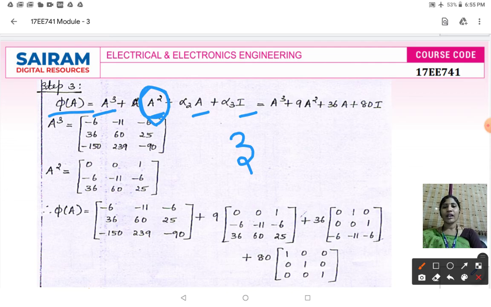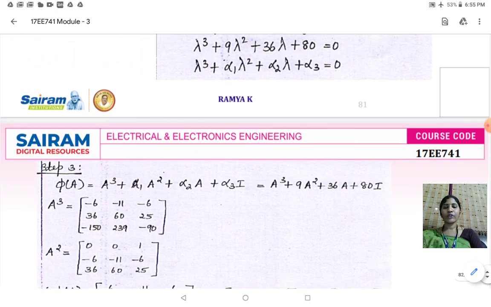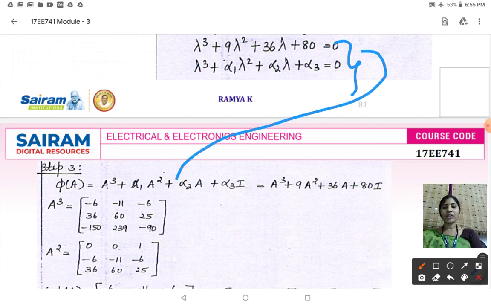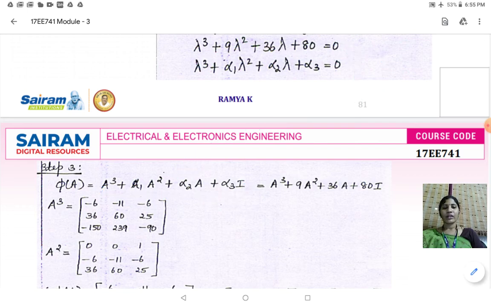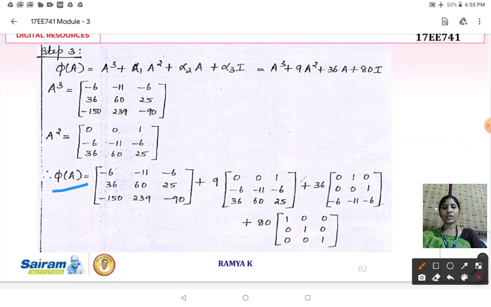The constant added with A square is alpha 1, the constant added with A is alpha 2, and the constant added with the identity matrix is alpha 3. So all the three values alpha 1, alpha 2, alpha 3, whatever values we have obtained, we can substitute in the respective equation. Then after substituting, we get phi of A as a matrix.